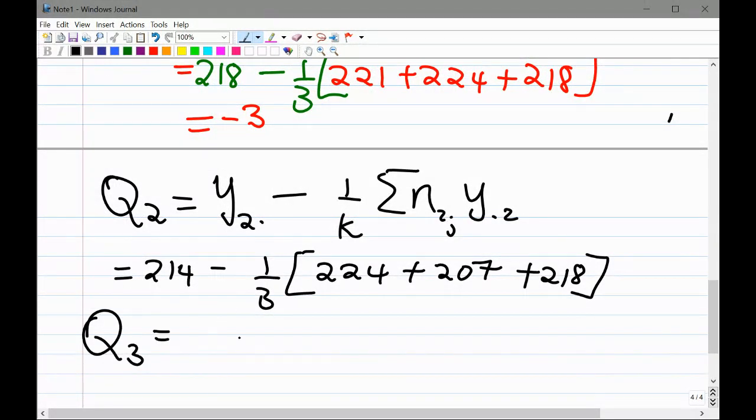Q3, apply the same logic. 216 minus 1 over 3. The value is missing in the second block, so we won't write the total for the second block where there's a missing observation.